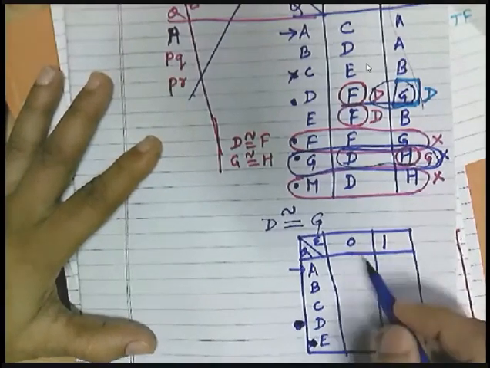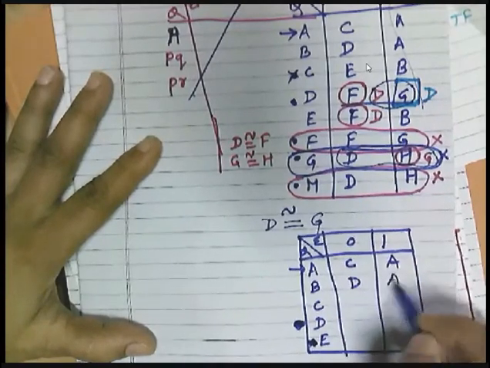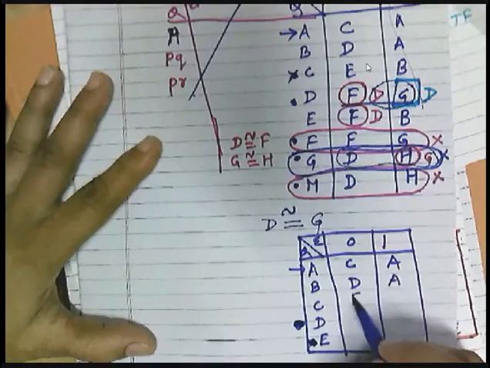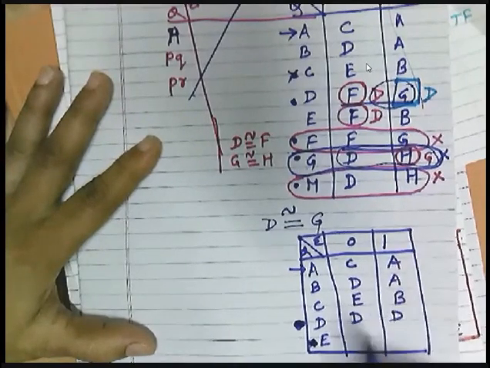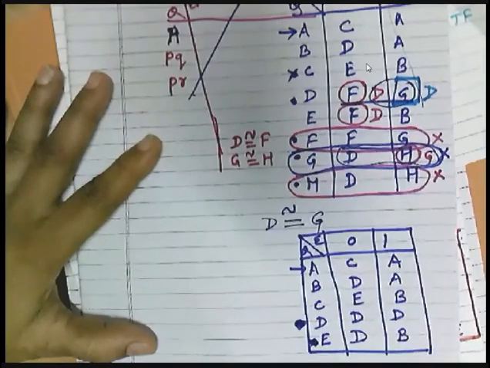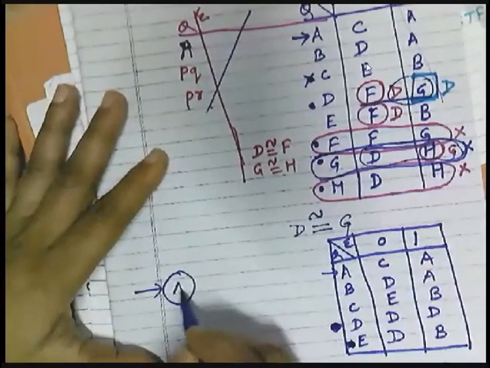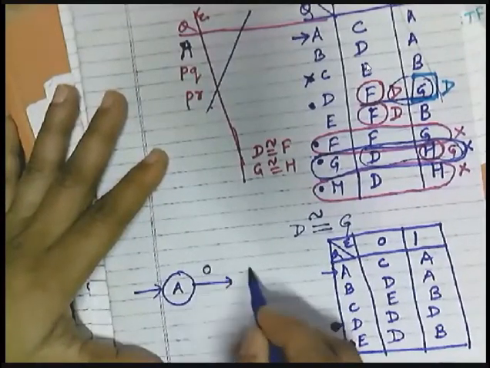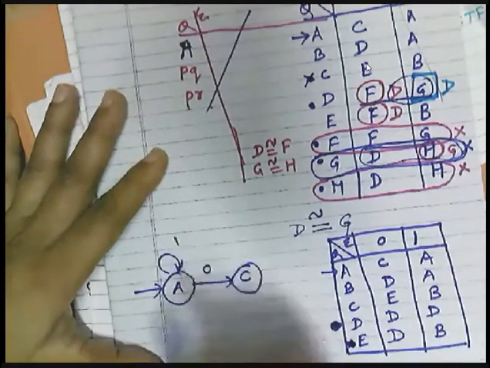And now we will write all the transitions: C, A, D, A, E, B, D, D, and D, B. Okay. And if we draw this, A on 0 moves to C, A on 1 moves to itself.